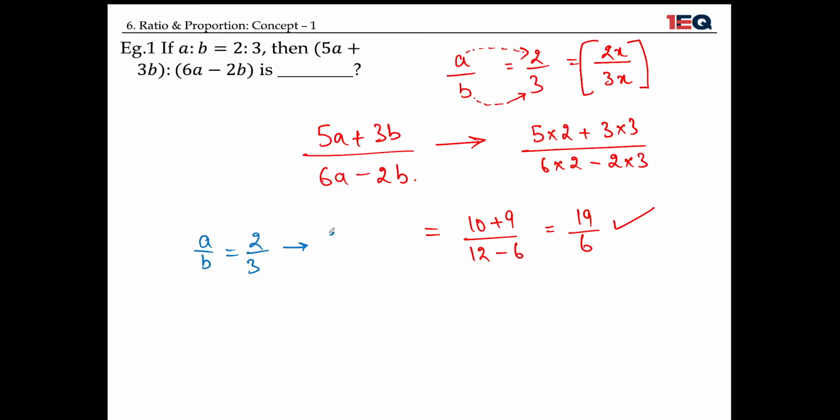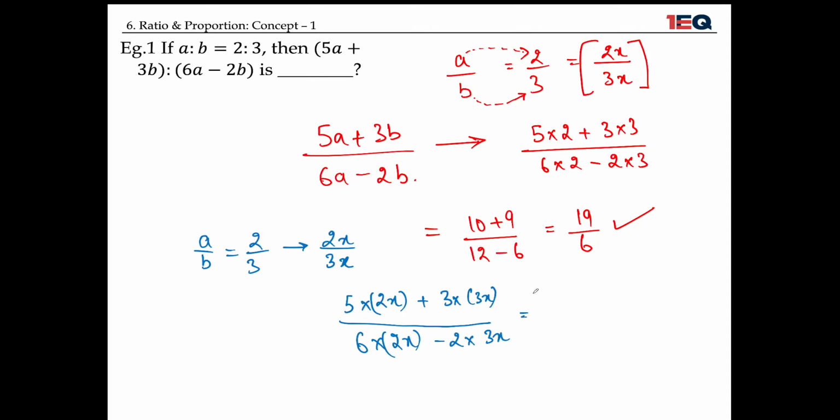For using the absolute values, I would consider that the absolute value of a is 2x and the absolute value of b is equal to 3x. Okay, 2x and 3x. Then putting it in the question itself, 5 multiplied by 2x plus 3 multiplied by 3x whole divided by 6 multiplied by 2x minus 2 multiplied by 3x.